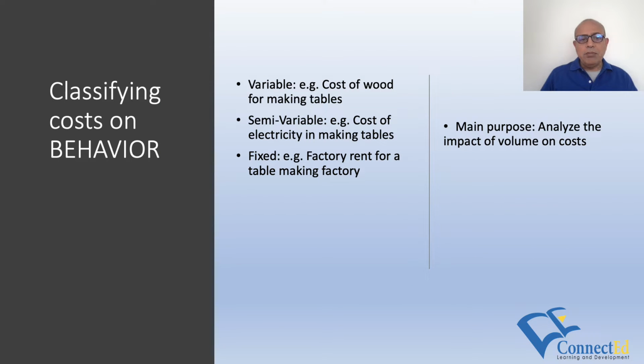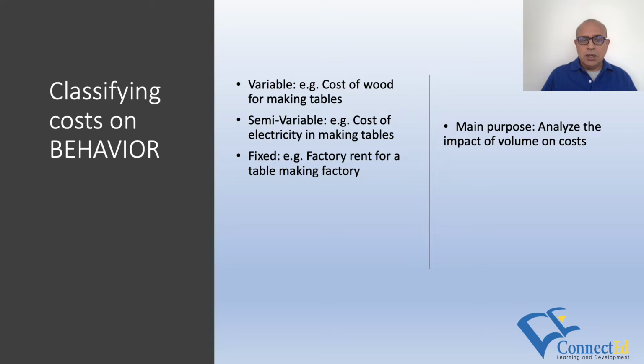So a quick recap. We know that there are three broad categories of costs, variable, semi-variable, and fixed. Examples, if you think about making tables, then the cost of wood could be a variable cost. It's also a direct cost, but direct, indirect, remember, is a different classification based on traceability. And as I have said in earlier lessons, don't mix up the classification.